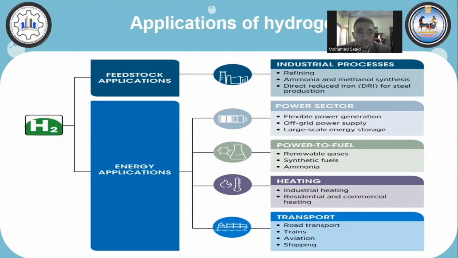It can be used as an energy application in the power sector, in flexible power generation, off-grid power supply, large-scale energy storage, power to fuel, renewable gases, and synfuels and ammonia.